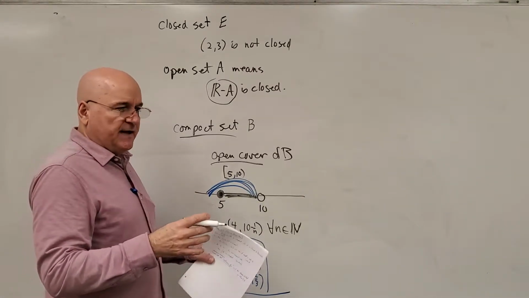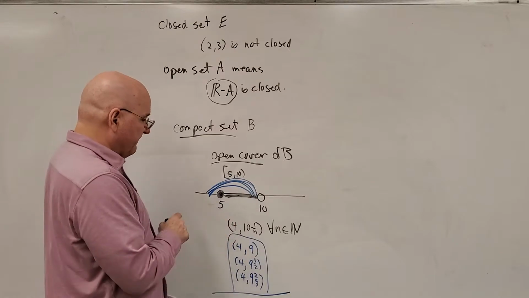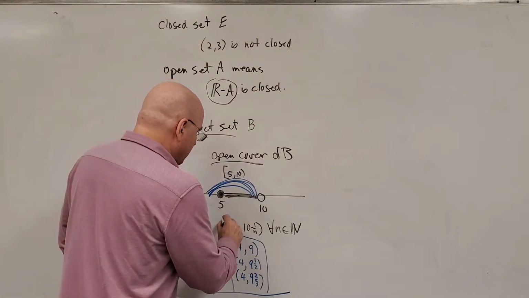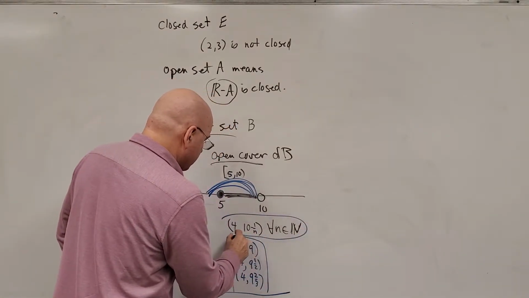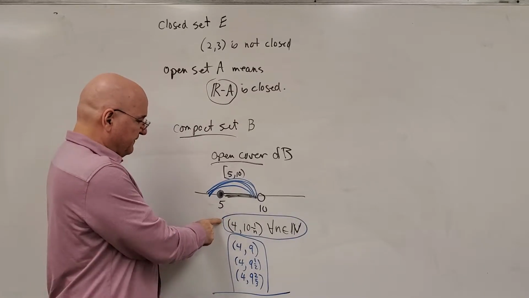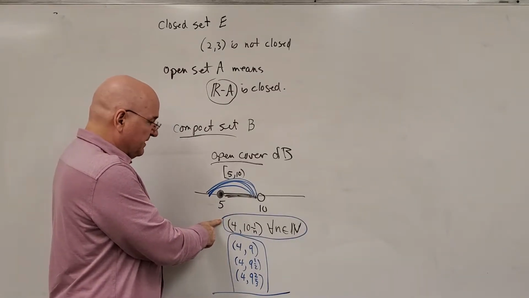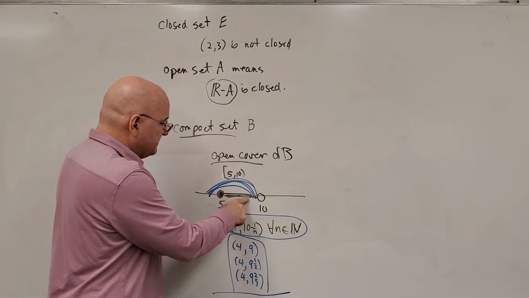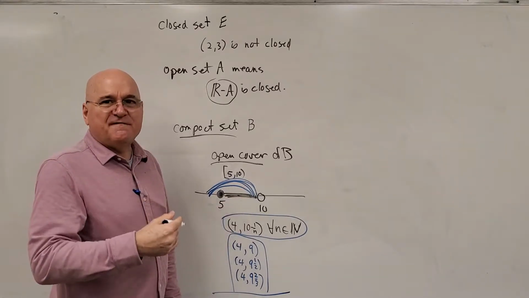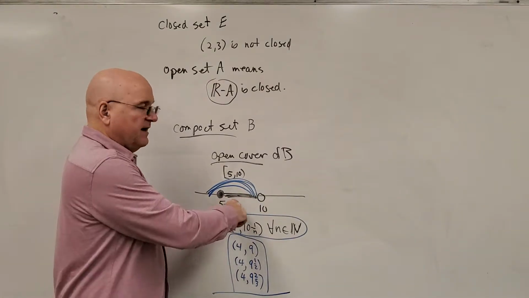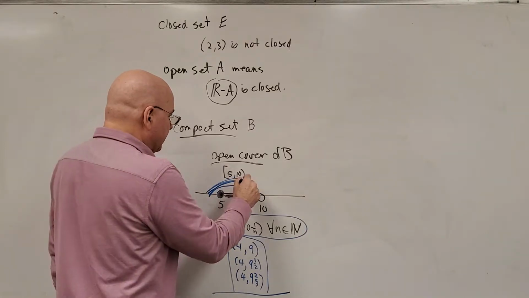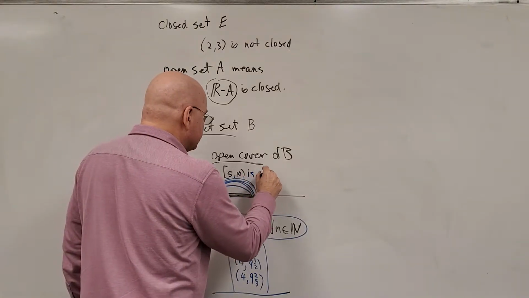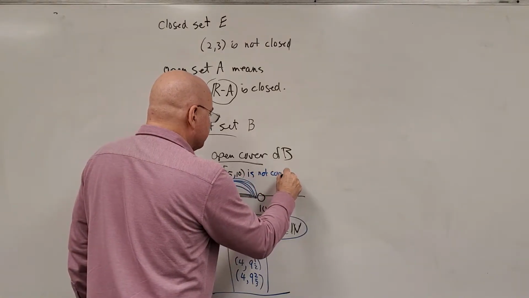Therefore, we took an open cover, an infinite number of sets whose union contains this interval. There is no finite number of them that will cover that interval. Therefore, this is not compact.